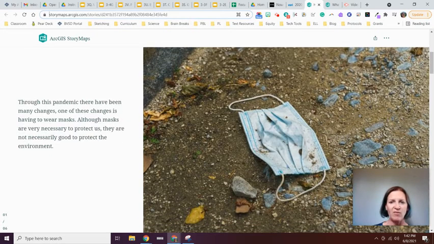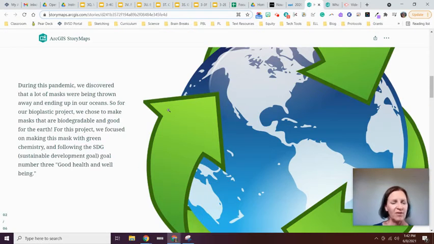As you scroll down, they have a great picture that kind of sticks out, this discarded mask, and over here they have a caption that goes with it. So next they go into sort of their research of this. So the girls did some research about what was happening with these discarded masks.